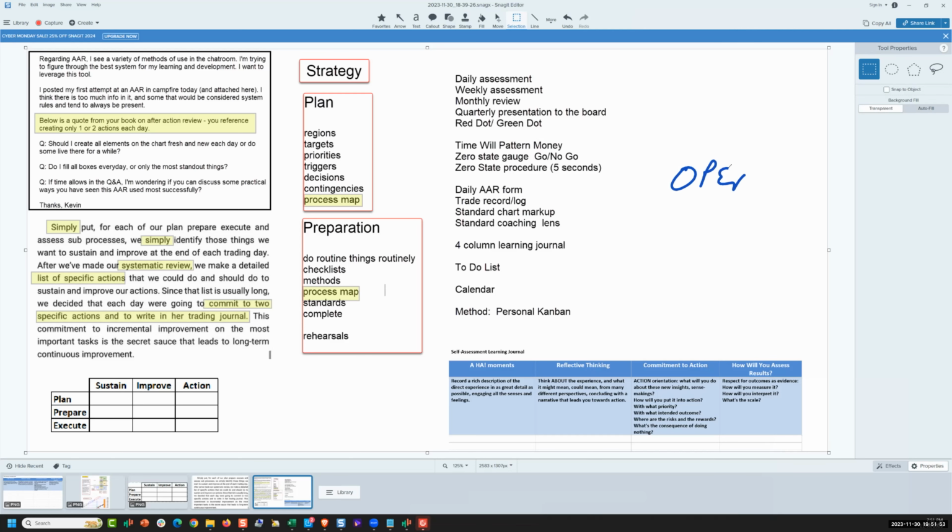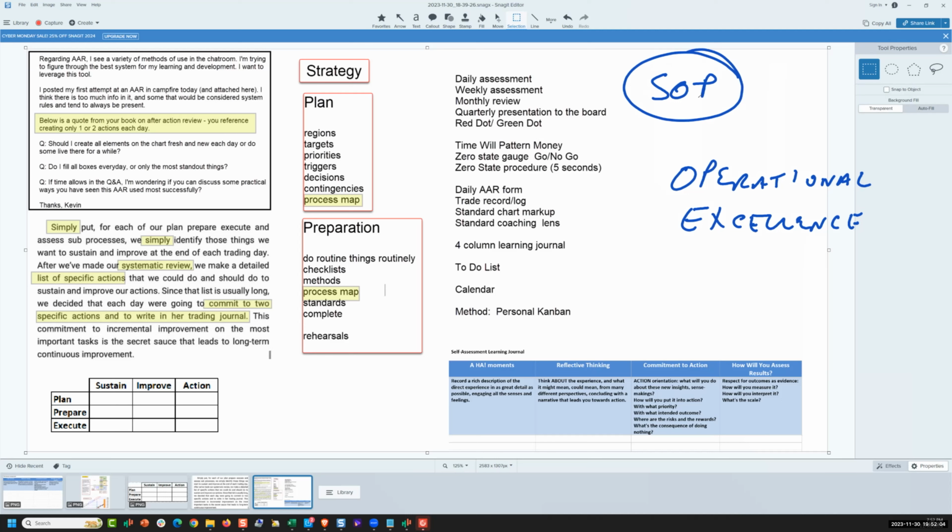This is how you get to operational excellence, where you have a good SOP with clear standards, and then make it a simple process where every step in that process is value add.